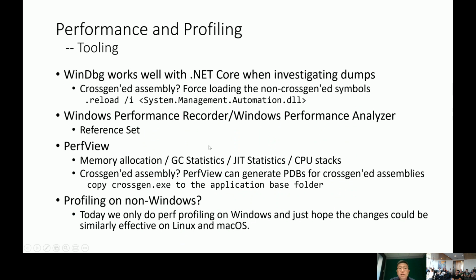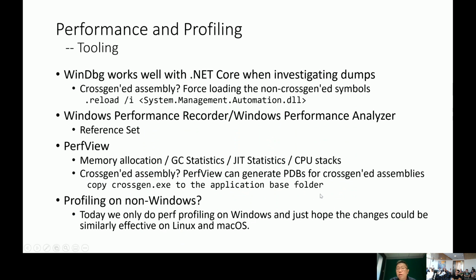We use it to see the memory allocation issues, to see the GC statistics, the jitting issues, and the CPU stats. And if you are using crossgen assemblies, PerfView actually can auto-generate the PDBs for your crossgen assemblies. All you have to do is just copy the crossgen.exe to the application base folder.